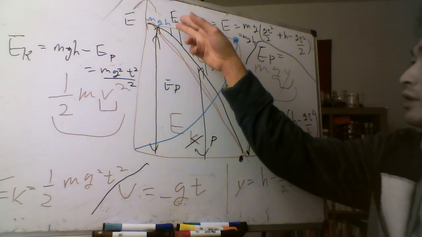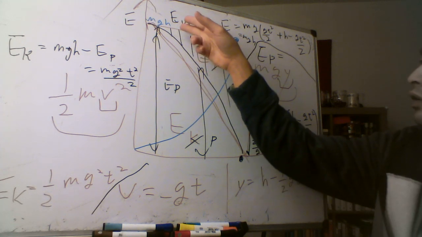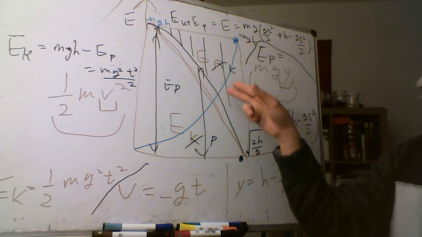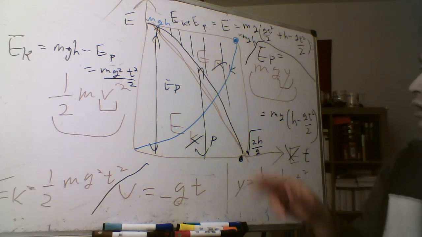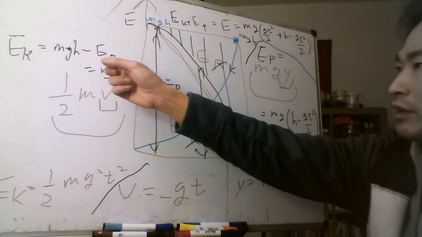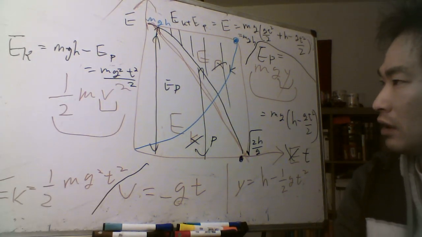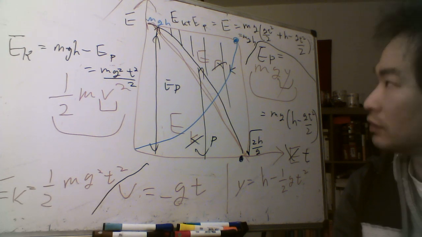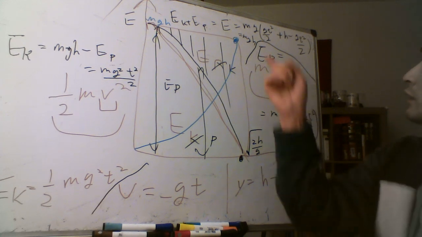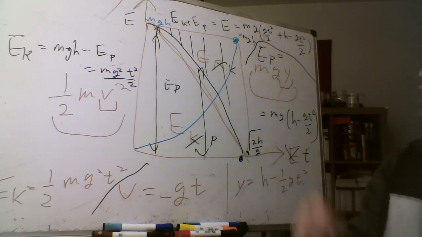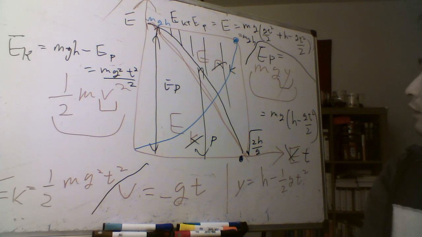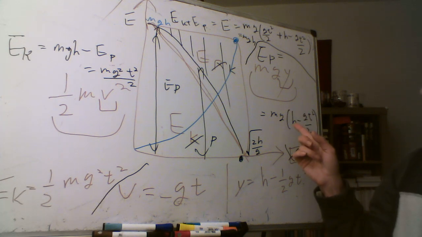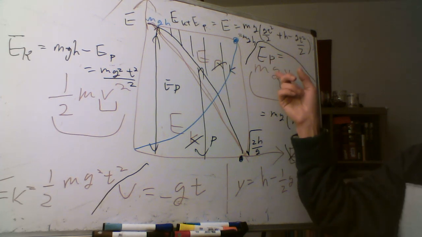How about kinetic energy? Kinetic energy is this, the length of the line measured from the ceiling. It's mgh minus EP. Potential energy EP is mgy, right?